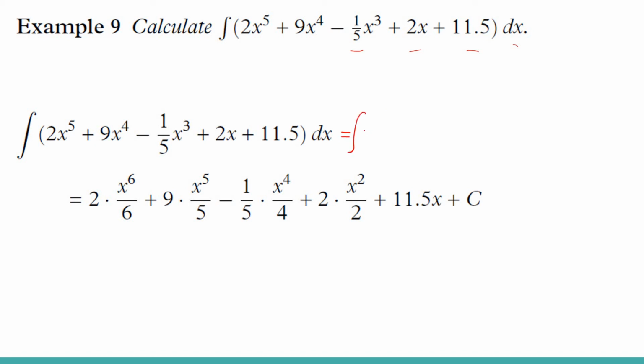So it should be the integral of 2x raised to the power of 5 plus the integral of 9x raised to the power of 4 minus the integral of 1/5 x cubed plus the integral of 2x plus the integral of 11.5.